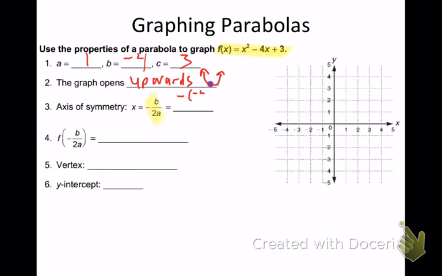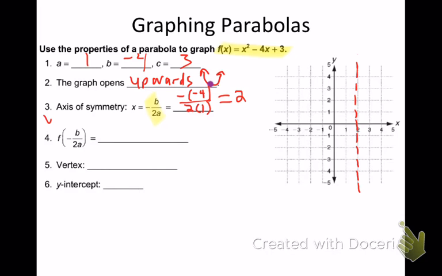So I have negative 4 over 2 times, what's my a term? 1. 2 negatives give me a positive, so negative 4 gives me positive 4. 4 over 2 gets me, what'd you say? 2? So there's my axis of symmetry right there. It's at x equals 2.